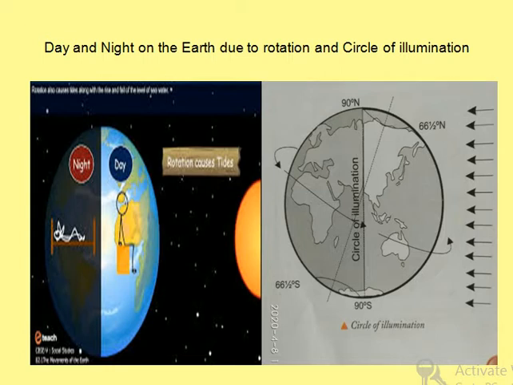So as we discussed, the axis of the earth, which is an imaginary line, makes an angle of 66.5 degrees with its orbital plane. The plane formed by the orbit is known as the orbital plane. The earth receives light from the sun. Look at this image.